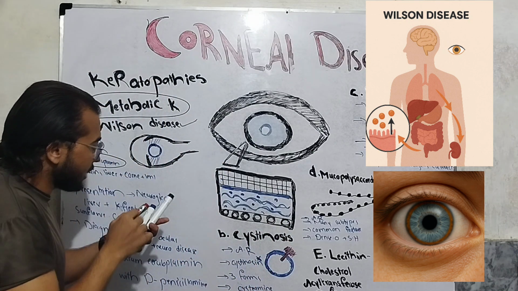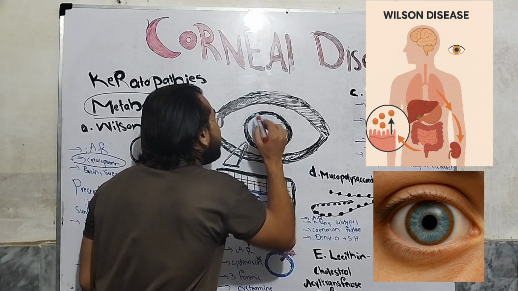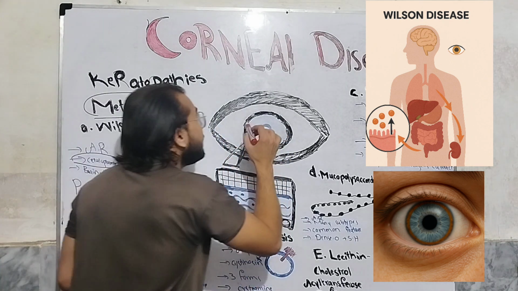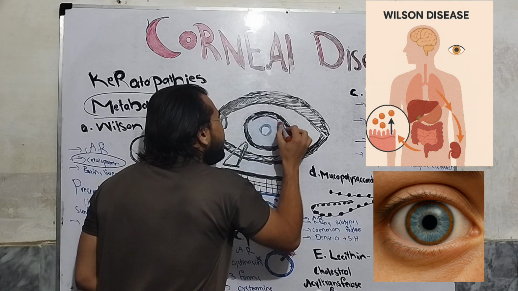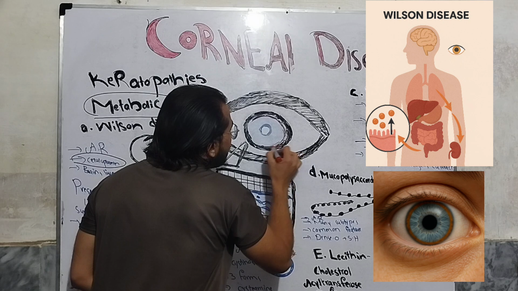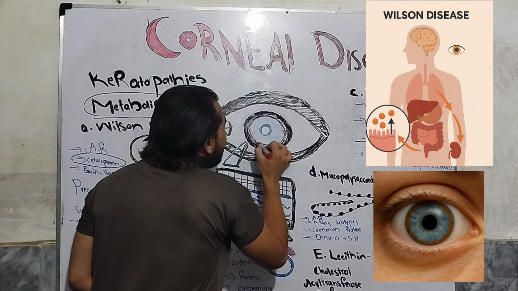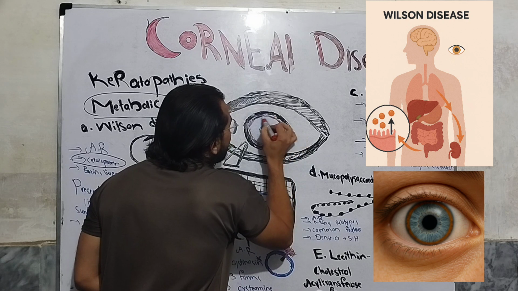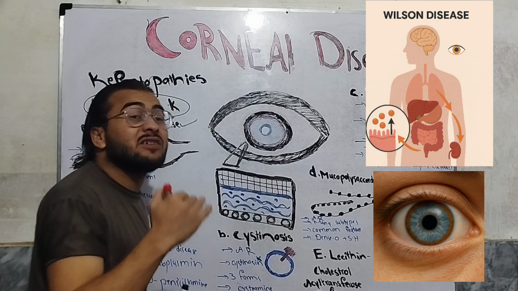When we take a look through the eye, there will be a brown yellow discoloration at the peripheral cornea. This is called the Kaiser-Fleischer ring.